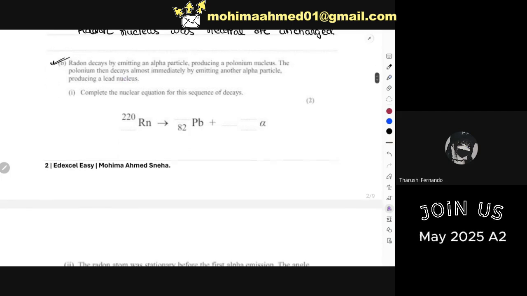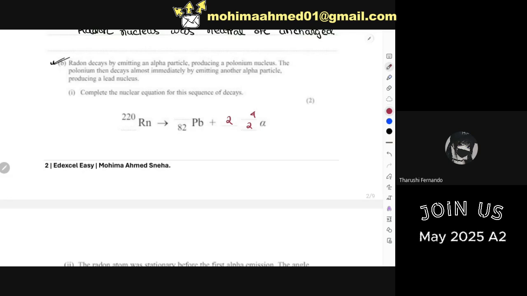Okay. Now this is a nuclear equation that you have to fill in. I think most of you already know this is 4, this is 2, right? And this will be balanced with 2, because eventually radon divides into polonium and lead and 2 alpha, since polonium again splits into alpha and lead. So eventually you have 2 alpha. This is basically 4 times 2, that's 8.